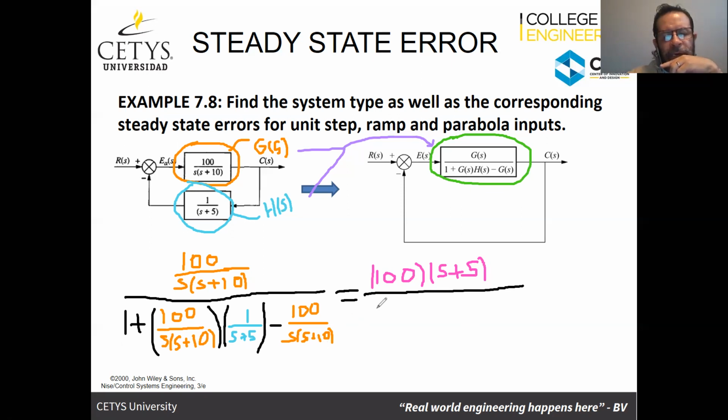And here in the denominator, we're going to have S times S plus 10 times S plus 5 plus, over here, we're just going to have the 100, and over here, we're going to have minus 100 times S plus 5. I think that's correct. Okay.